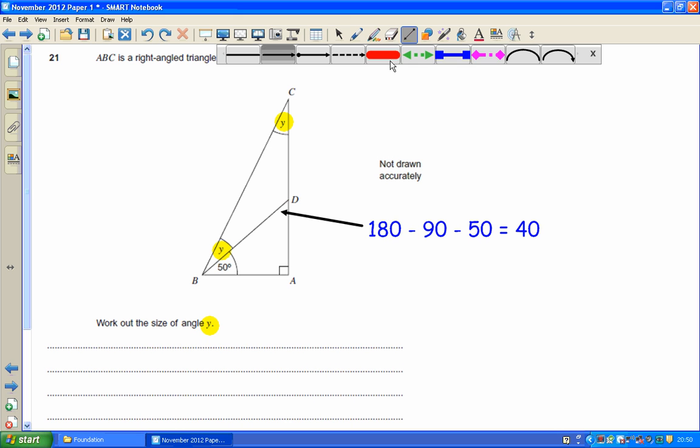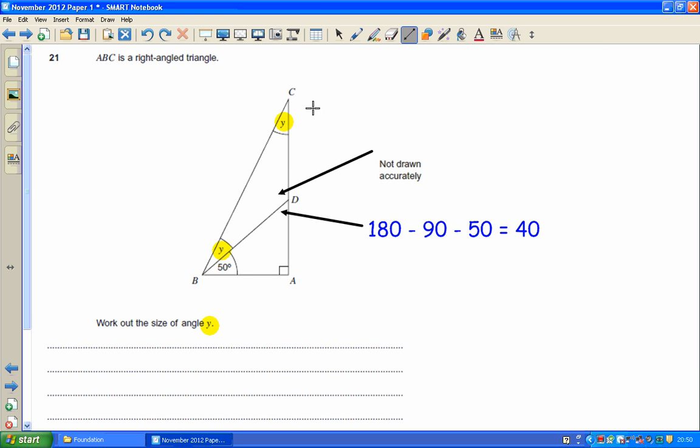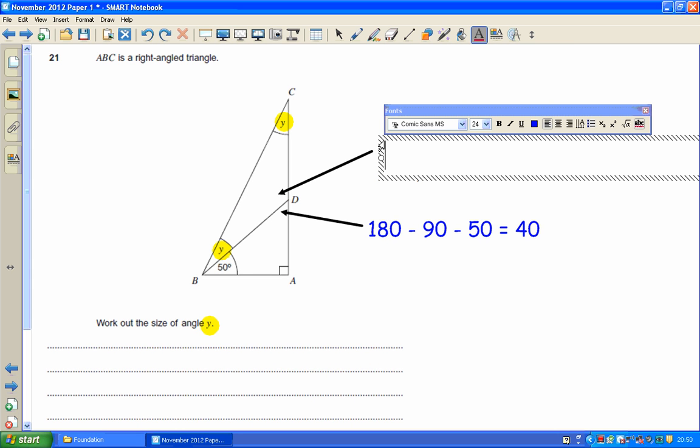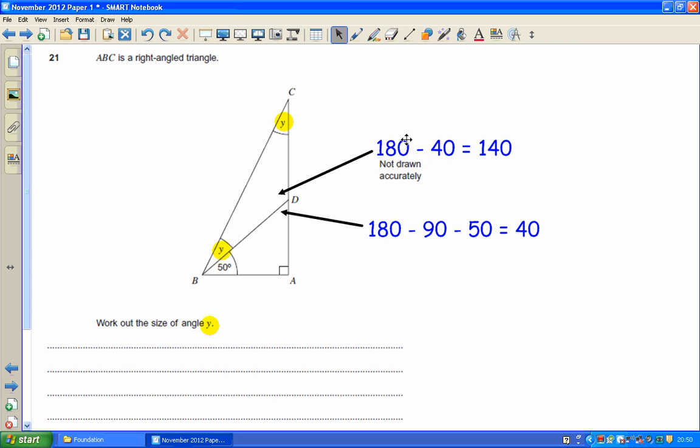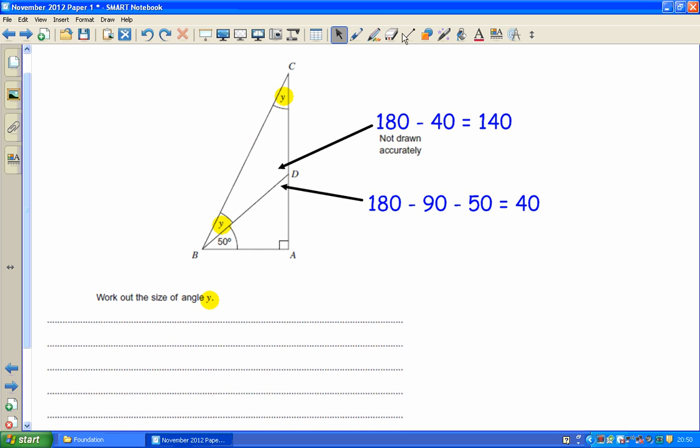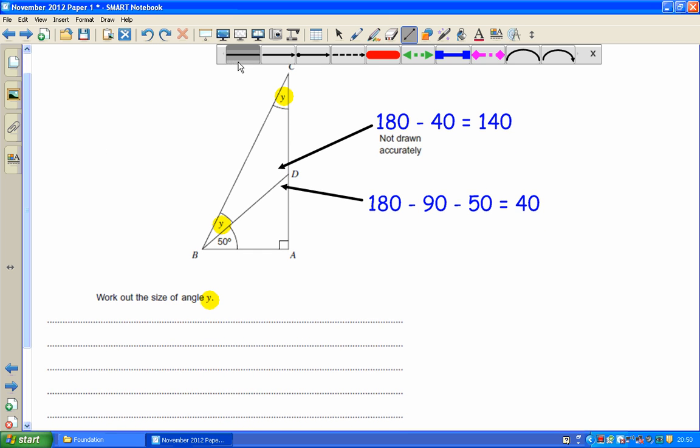Once we've got that, we can then work out what this angle here is. That angle in there is on a straight line with the other angle. So 180 minus 40, which is 140 degrees. So I know that this angle here is 140. Now what I can do is say, well, I've got myself a triangle.